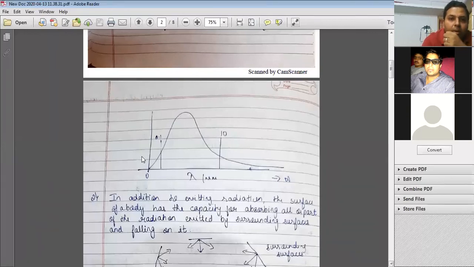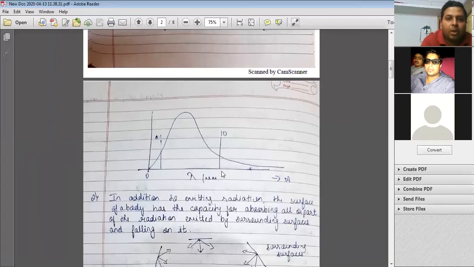So when I draw a graph with respect to the wavelength and the electromagnetic waves, the graph will be increasing with the increase in the wavelength, and to a certain extent it goes to a maximum, and then it starts reducing.